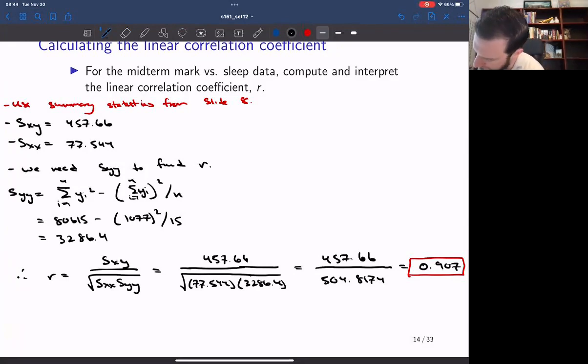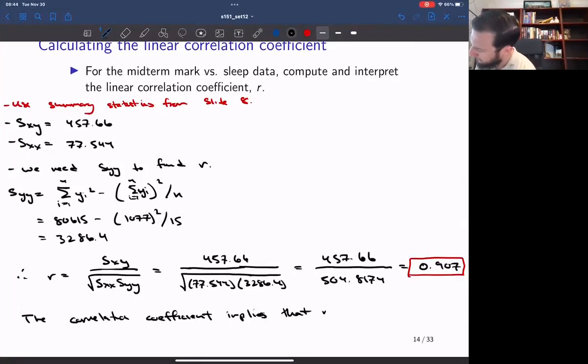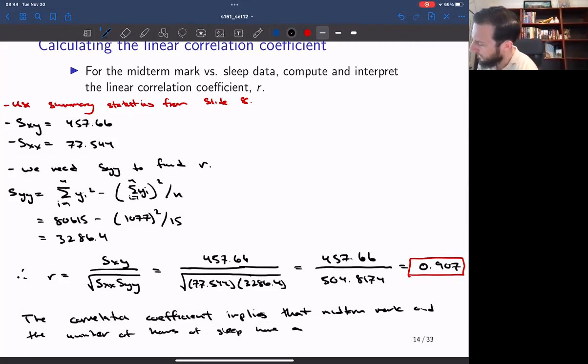So in this case, we could say the correlation coefficient implies that midterm mark and the number of hours of sleep have an excellent positive linear relationship.